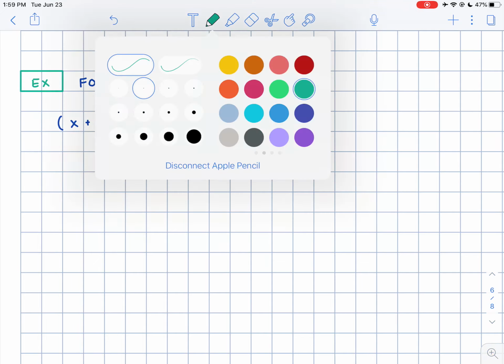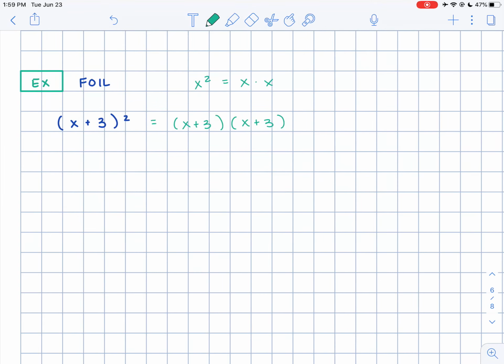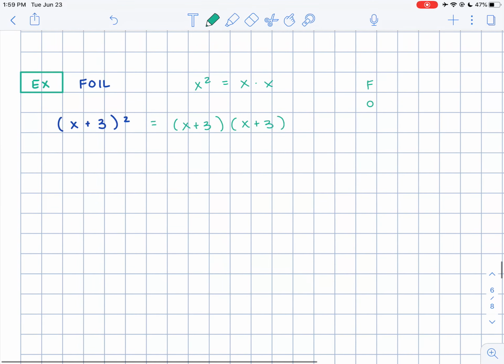So let's use the FOIL method. FOIL stands for first, outer, inner, and last.